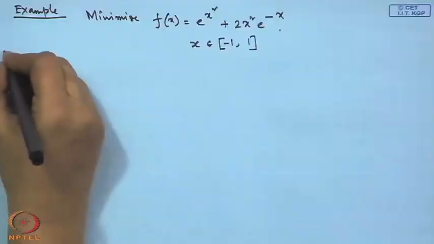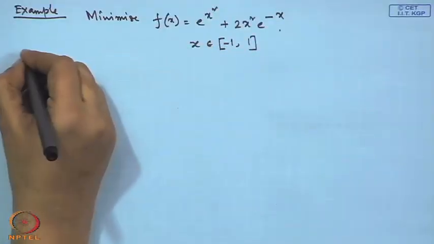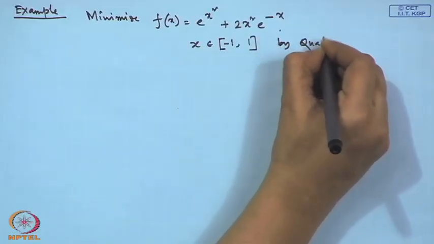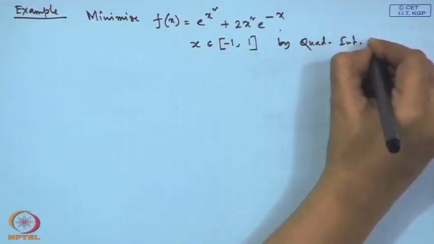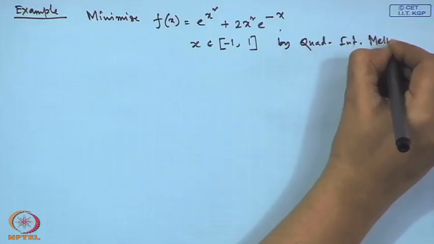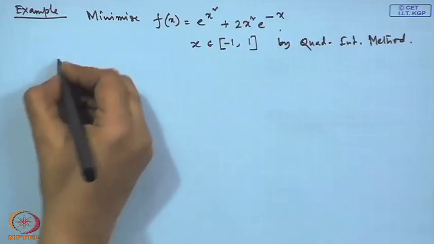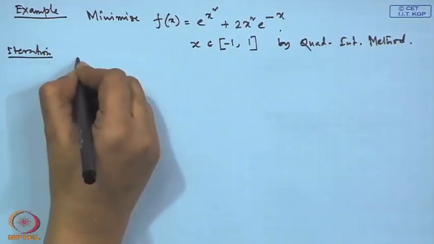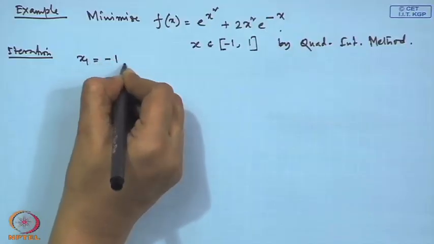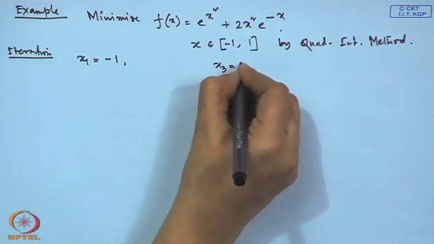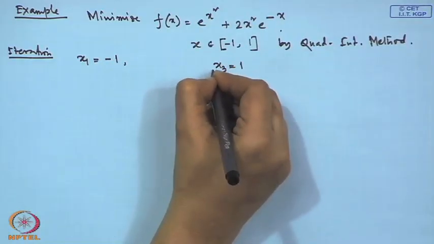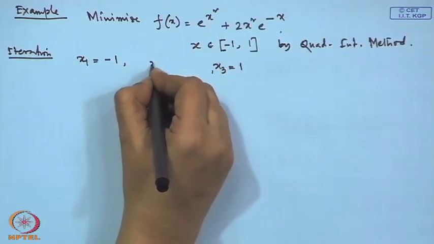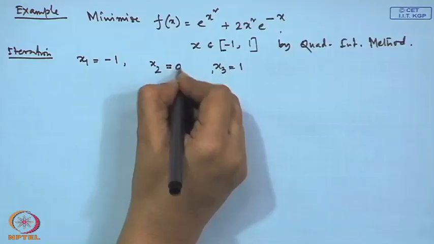Now, if we apply the quadratic interpolation technique, then as we see in the first iteration, we have x1 as minus 1 and x3 equal to 1. As I said, if three points are not given to us and no other information is given, then we can consider the middle value as the x2 point.